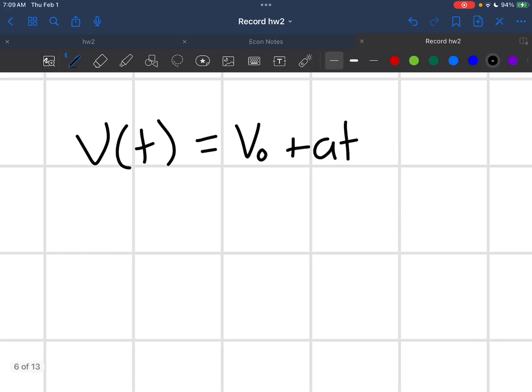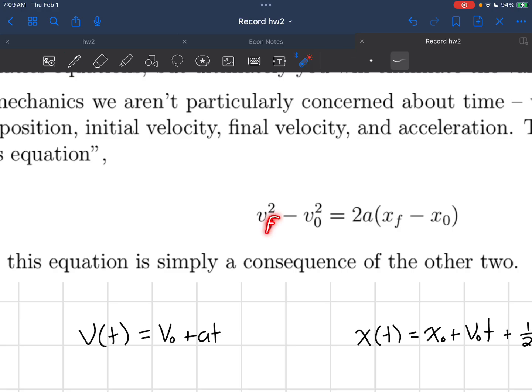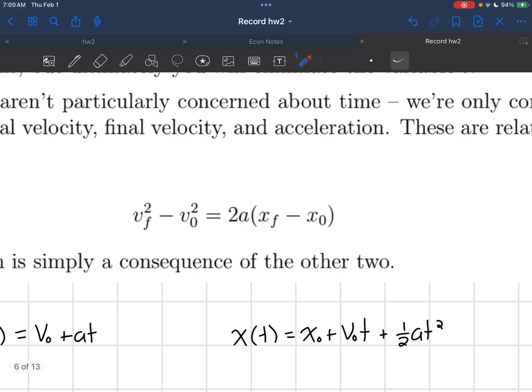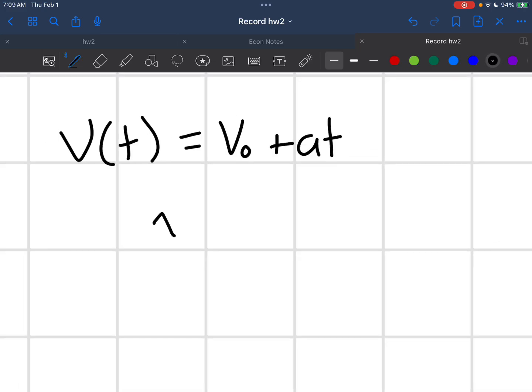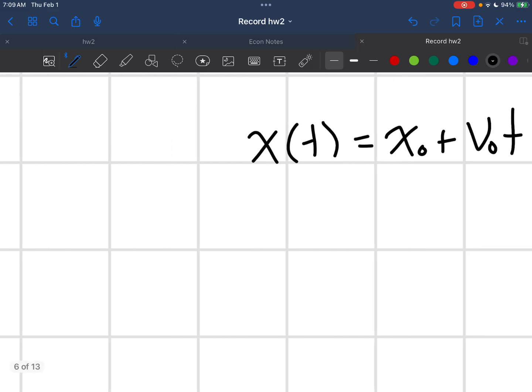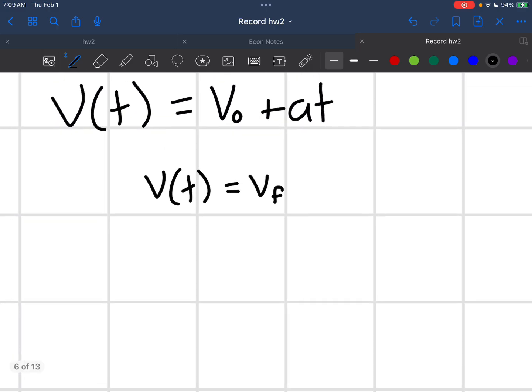I'm also going to say, because this equation has v final instead of v of t, it's just a little bit easier to write as I go through. Same thing with x final. So just know, first thing I'm going to do is swap out v of t, just going to equal some v final, and my x of t is going to equal some x final. I'm just going to swap those out for ease of writing things.